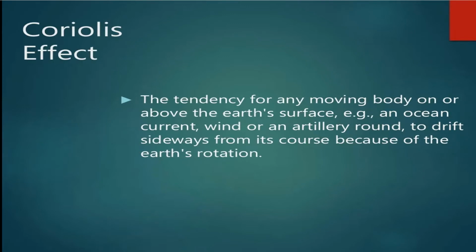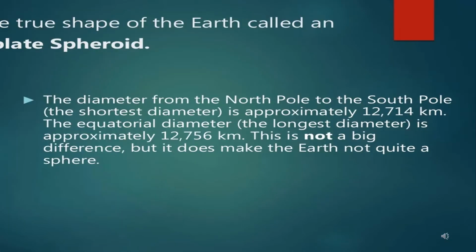So by this we can say that the Coriolis effect is the tendency for any moving body above the Earth's surface, e.g. an ocean current, wind or an artillery round, to drift sideways from its course because of the Earth's rotation. That is called the Coriolis effect.